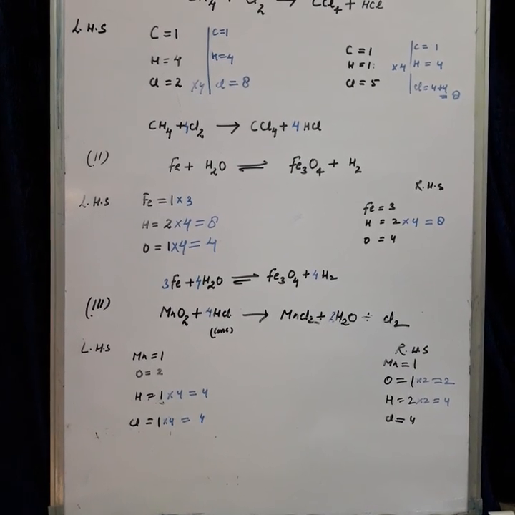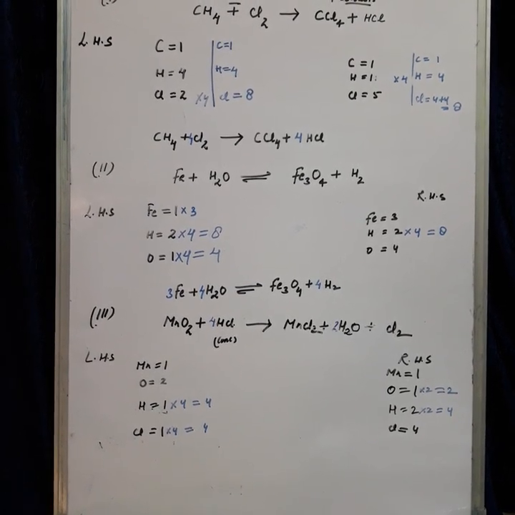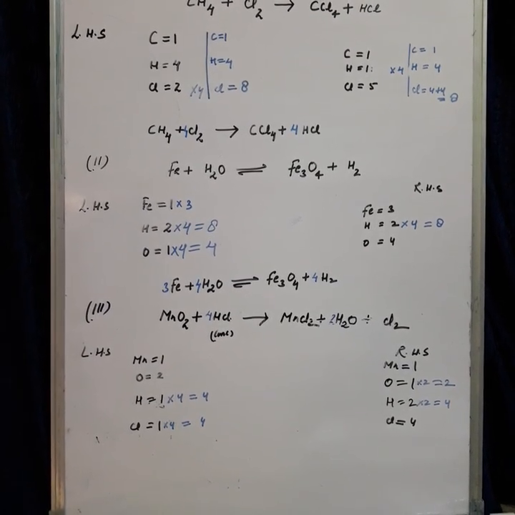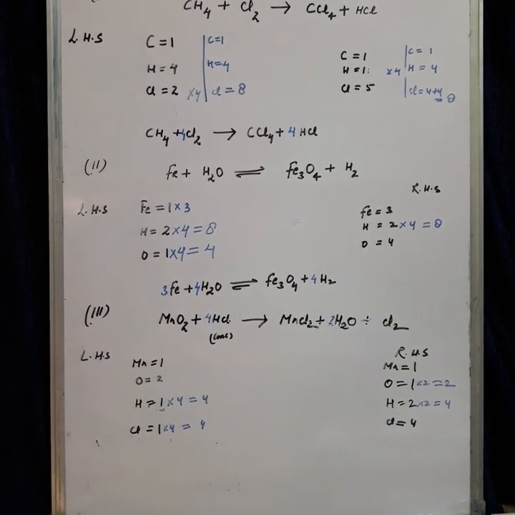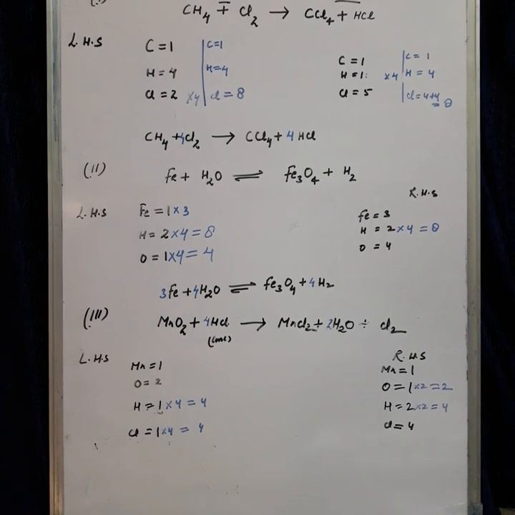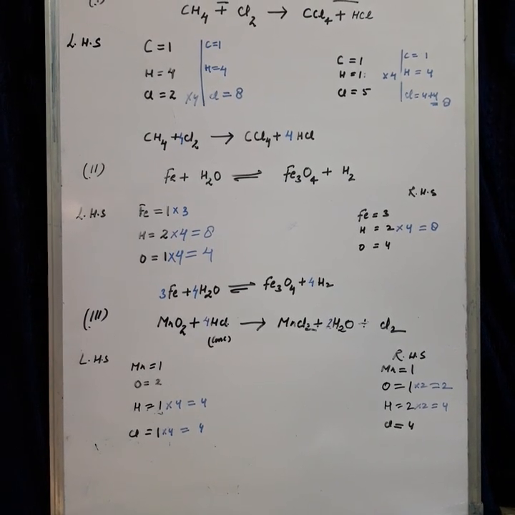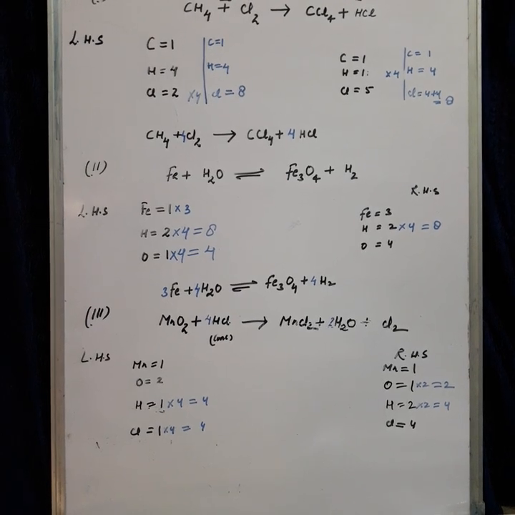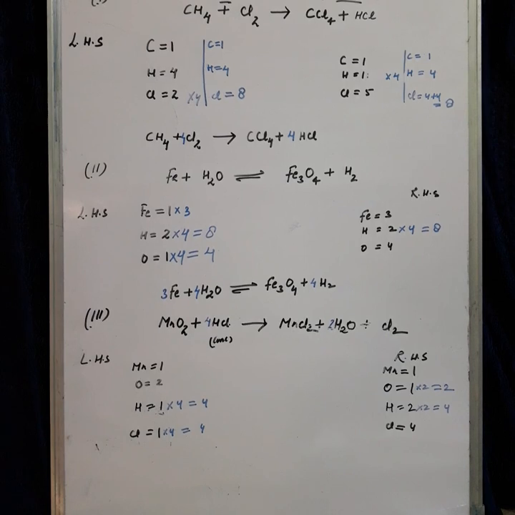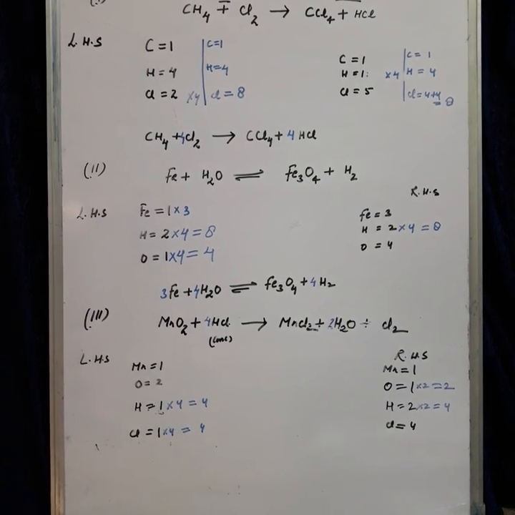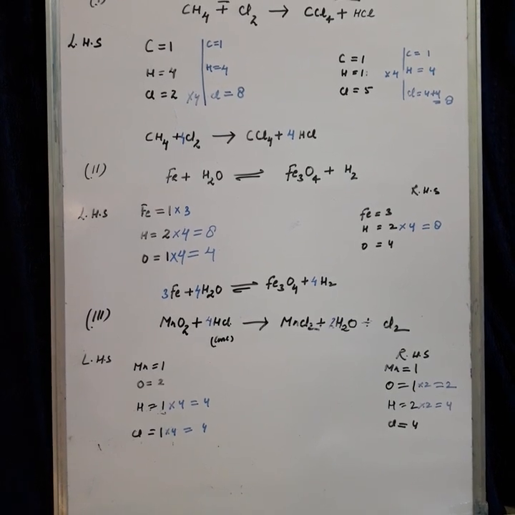Okay, so now second we will balance oxygen. There are 4 oxygen on the right hand side and only 1 on the left hand side. So how to balance? By placing 4 before water. Okay, so now the number of oxygen is also equal. Left hand side 4 and right hand side also 4.